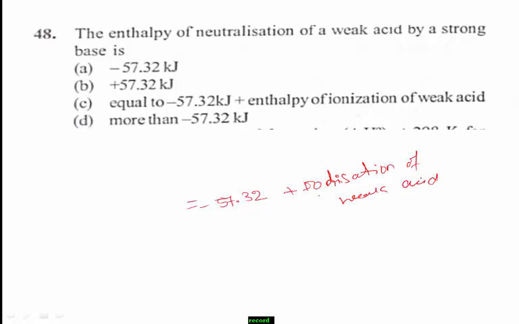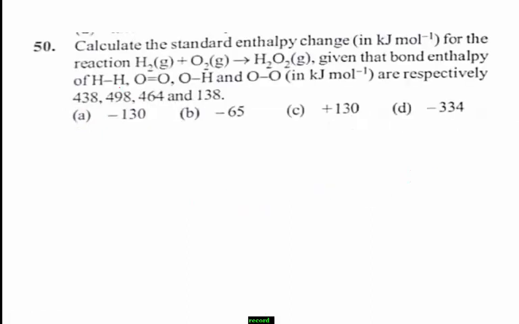So option C is the right answer. Remember this theoretical concept: the enthalpy of neutralization of a weak acid by a strong base is always equal to minus 57.32 kilojoule plus the enthalpy of ionization of the weak acid. Therefore option C is the right answer.